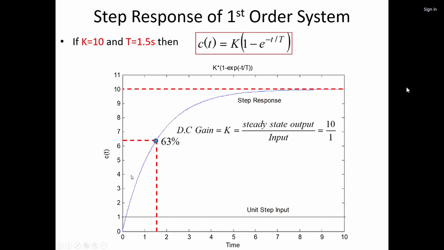Your gain is 10, so this should be the steady state output. Now this is the transient response of the system. It increases following 1 minus e to the power minus t over T, and attains steady state at some 5 times the time constant. This is a typical characteristic of first order systems.